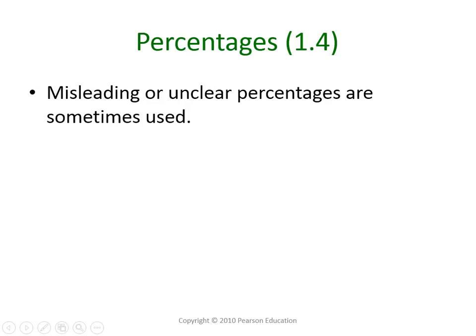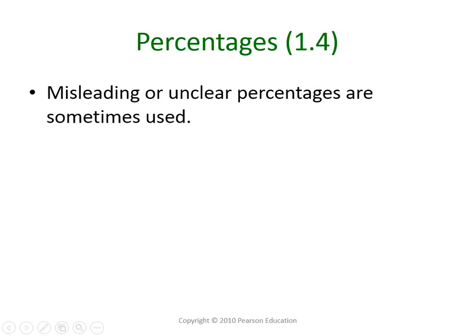Percentages. Sometimes when percentages are listed, they've got unclear ways of being said. If you hear something say, like, they improved by 100%, just hearing the word 100%, people automatically think they're top notch.